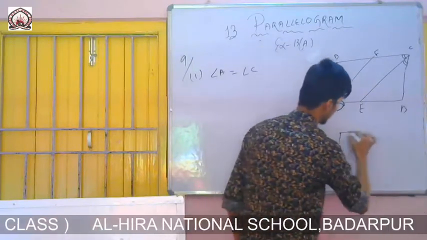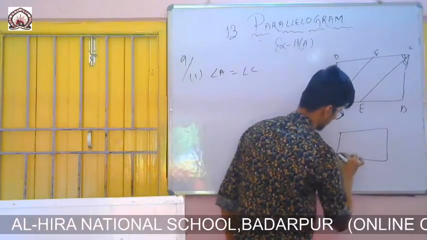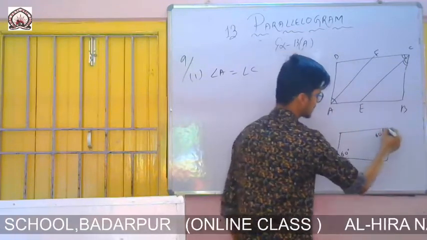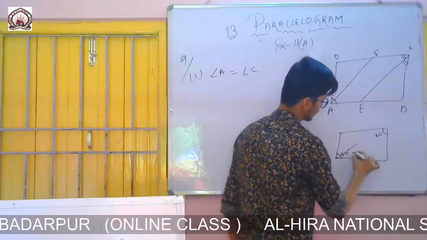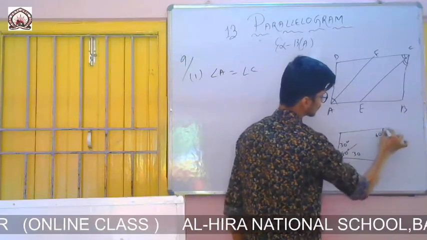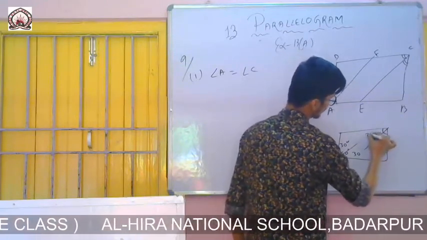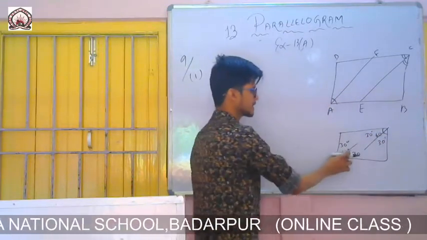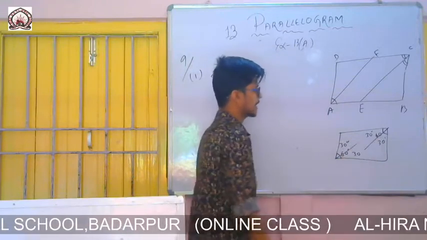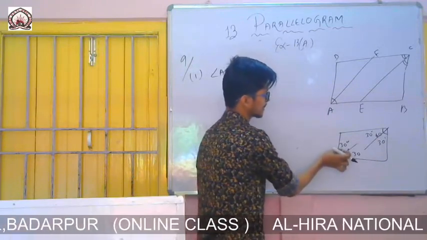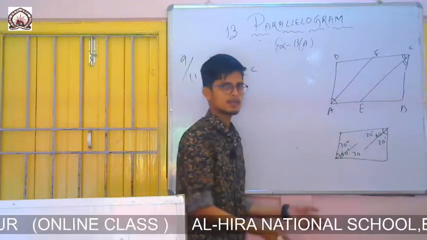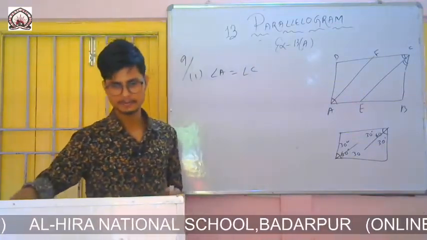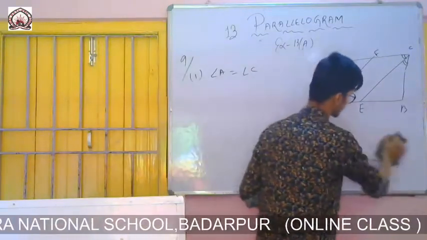If I draw a parallelogram like this, if this one is 60 degrees, then this one is also 60 degrees. If I bisect this one, each angle will be 30 degrees. Here also, if I bisect this one, each angle will be 30 degrees. That means if I ask whether this angle is equal to that one, you can see yes, because these are the equal halves of a bisected angle, or directly you can say the opposite angles.